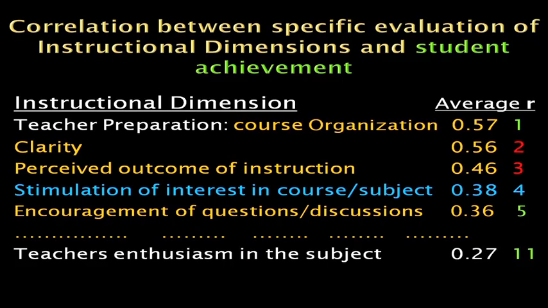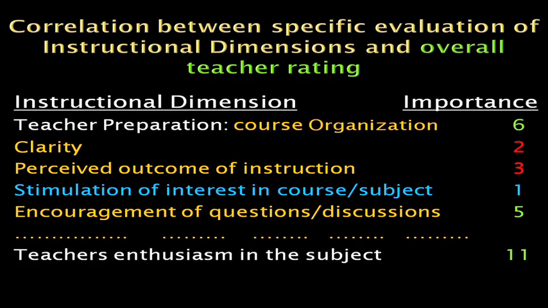to change my life. So, if I take the feedback from the passed-out students, they say the primary factor for good teachers is stimulation of interest in the course or subject, while clarity and perceived outcome, ranks 2 and 3, remain the same.